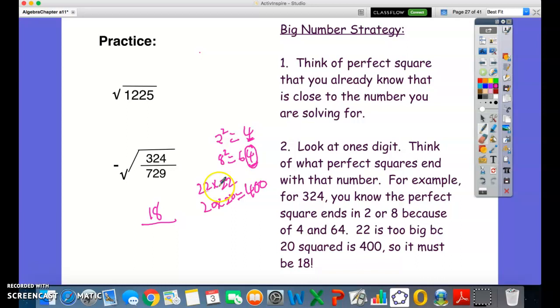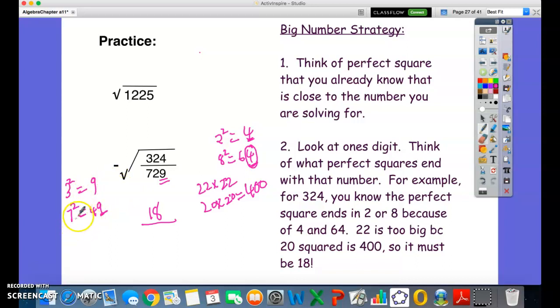And then for the denominator, what are the numbers that end in 9? 3 squared ends in 9, and 7 squared ends in 9, which is 49. Now, we know that 30 times 30 is 900, so it's less than 30.